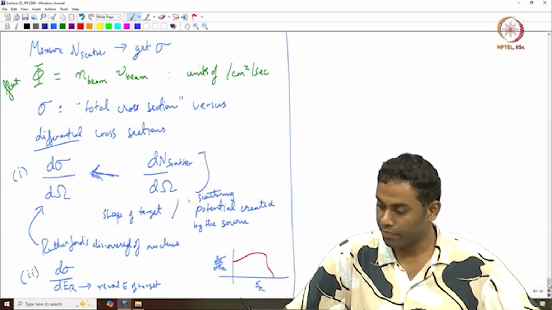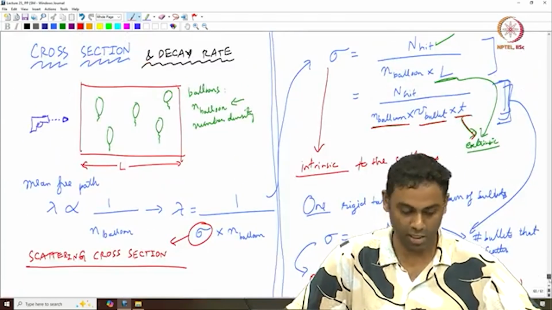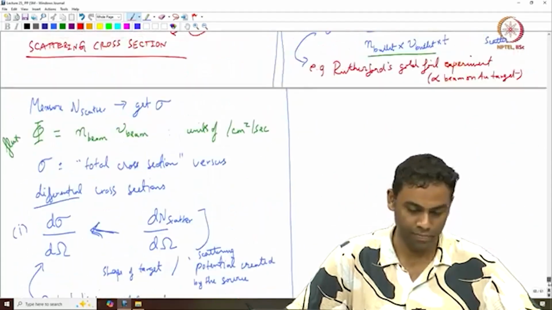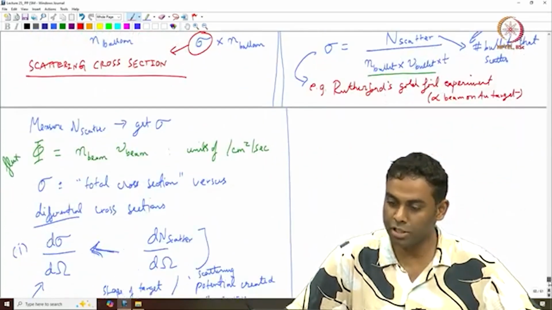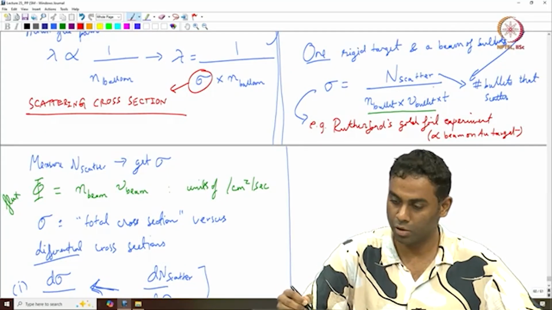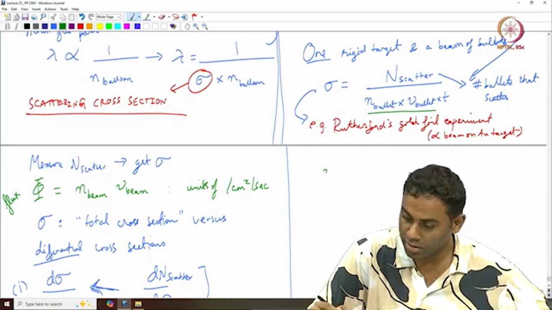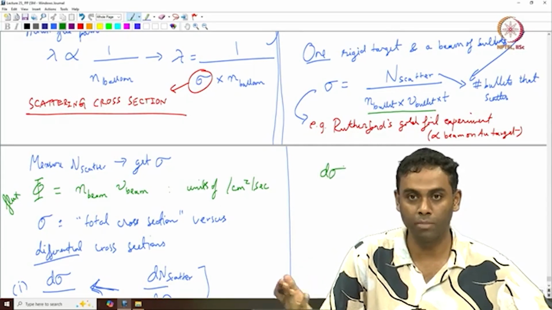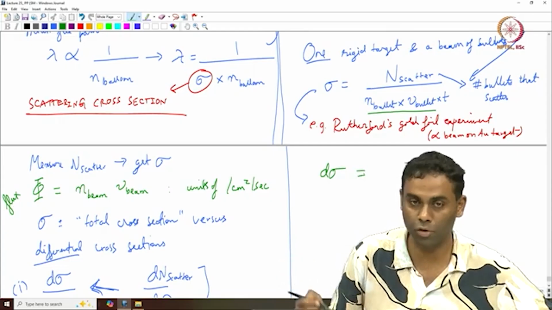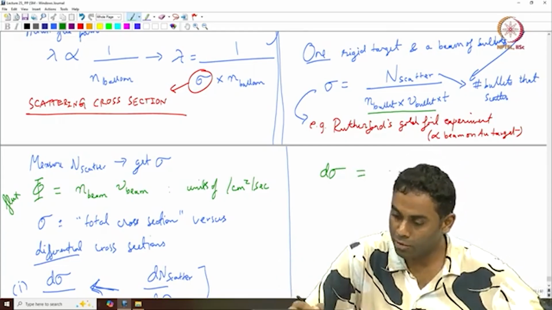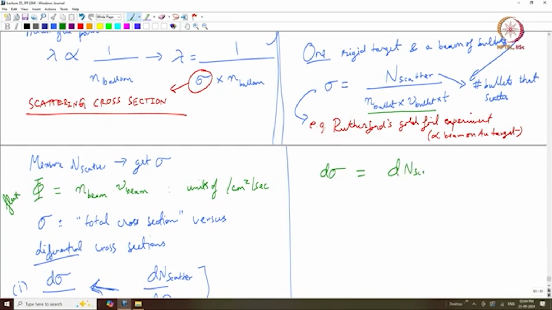Okay, so I'm going to wrap up this class by writing out the differential version of the cross section that we just wrote here. Okay, so instead of sigma, differential with respect to something, okay, I'm not going to specify what here, would just be d n scatter divided by, a more generic thing to write would be the number density of the beam times the velocity of the beam, which is what?